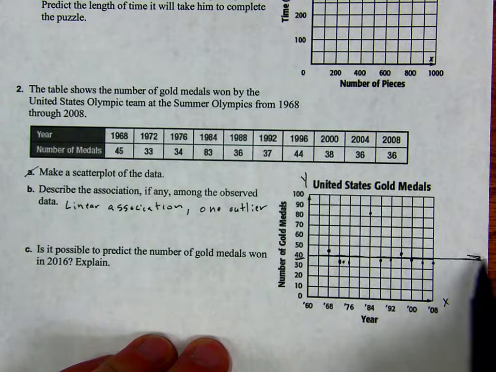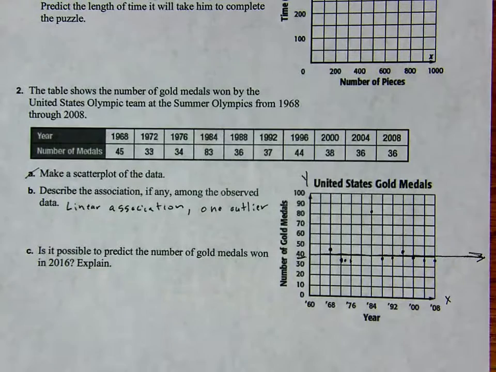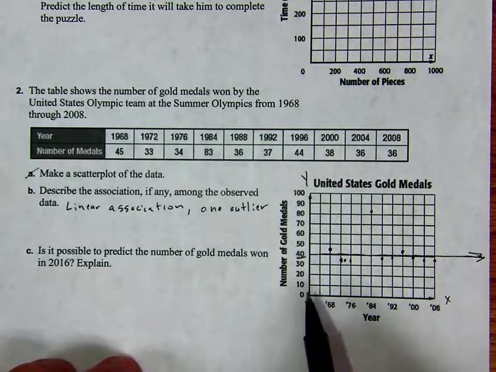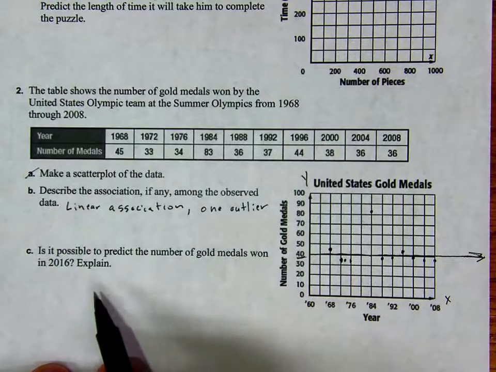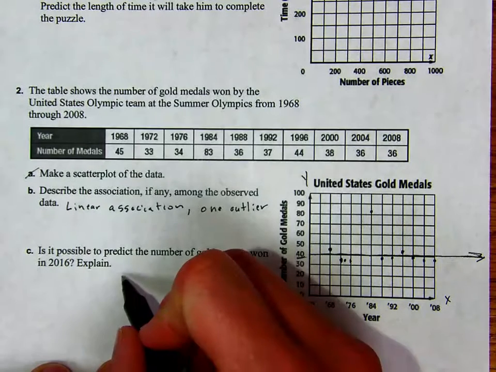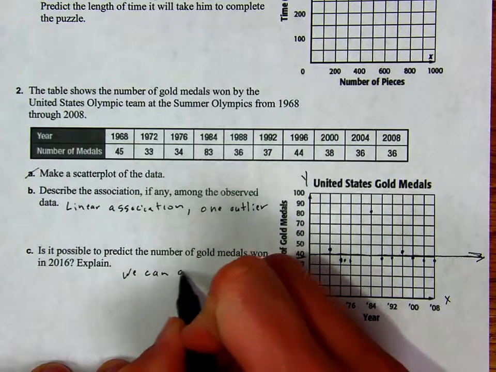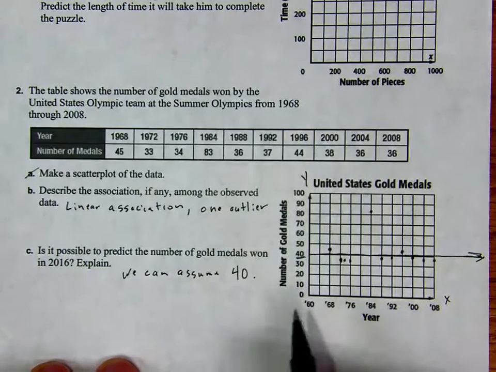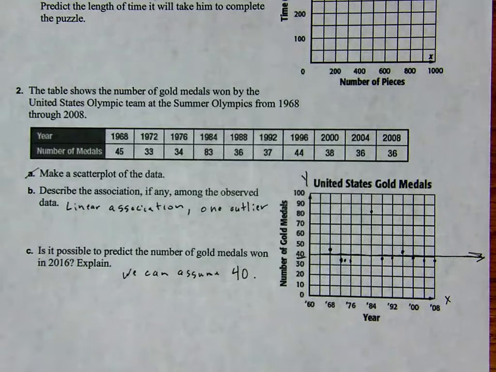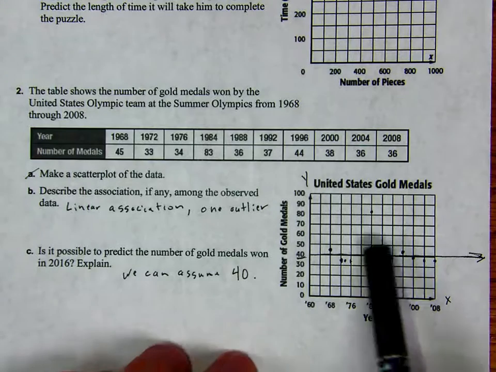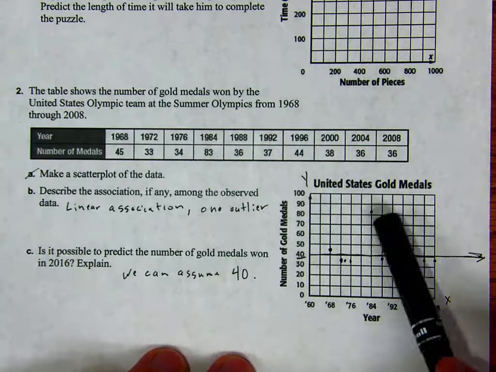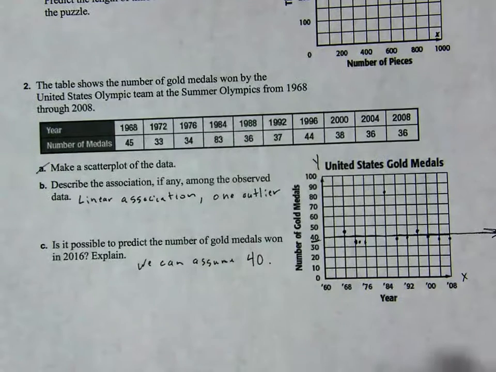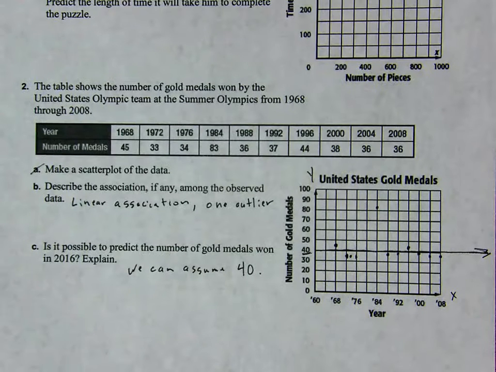Because of this linear association, all around the same number, we can assume that in 2016 we're going to get pretty close to that same number, about 40. That's because we've got everything in the same area for many years in a row, except for 1984. That's the only reason we can predict that far ahead. If you have any questions, let me know.